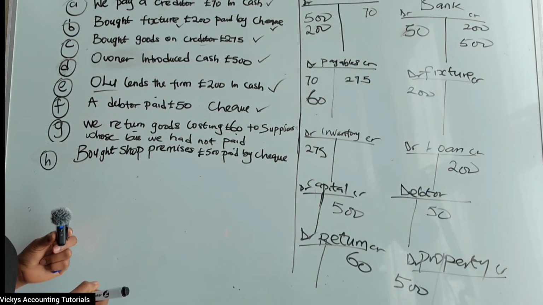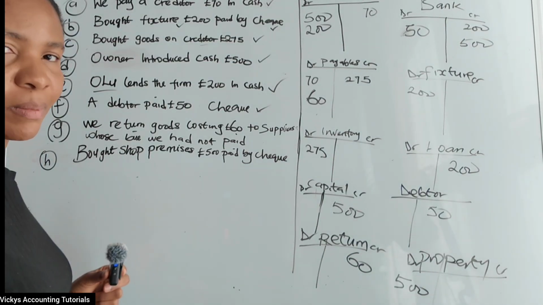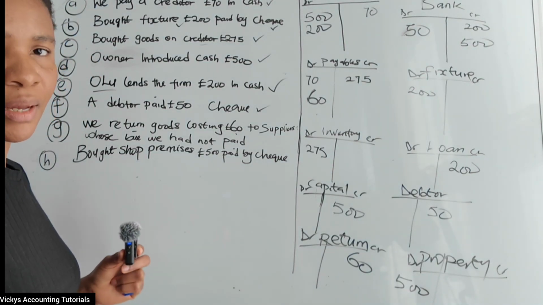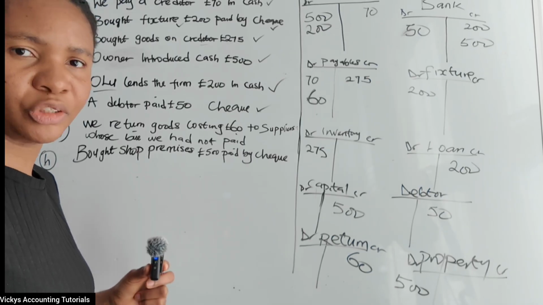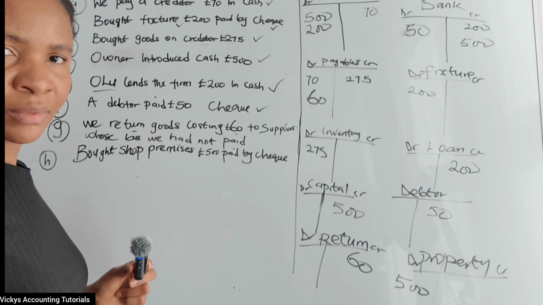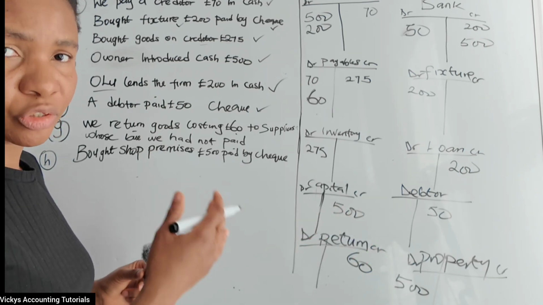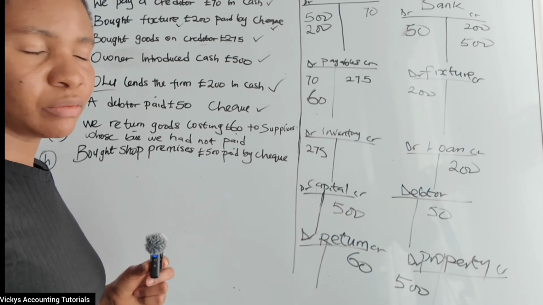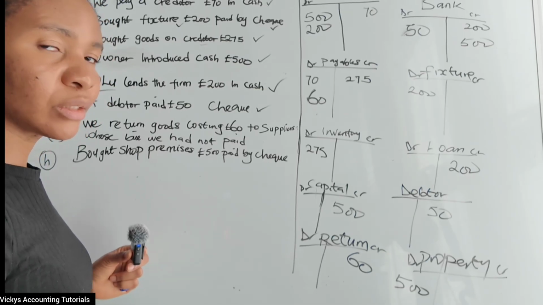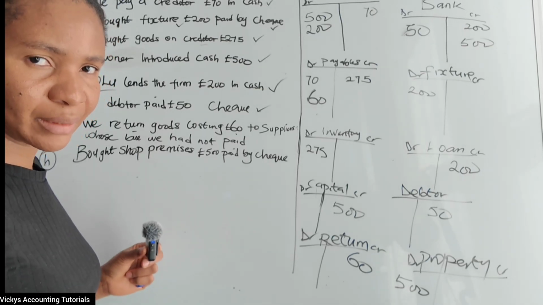Now we're going to just assume that this is the end of the month and we're going to balance our T accounts, our general ledger accounts, to see the balance at the end of the month. After balancing the accounts, we draft our trial balance. The reason for drafting your trial balance is so that you know whether your debit and your credit balance.